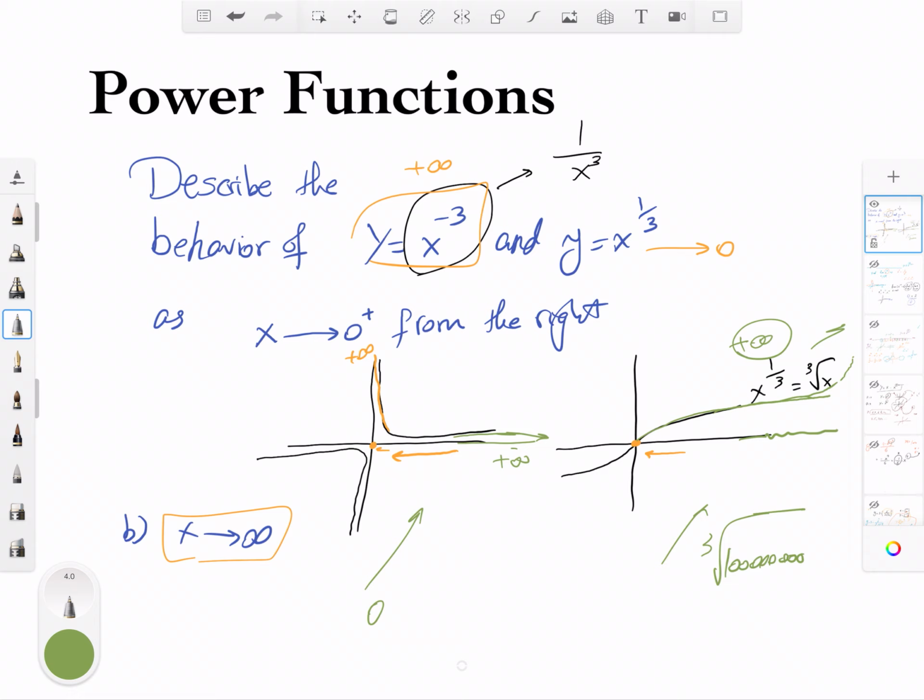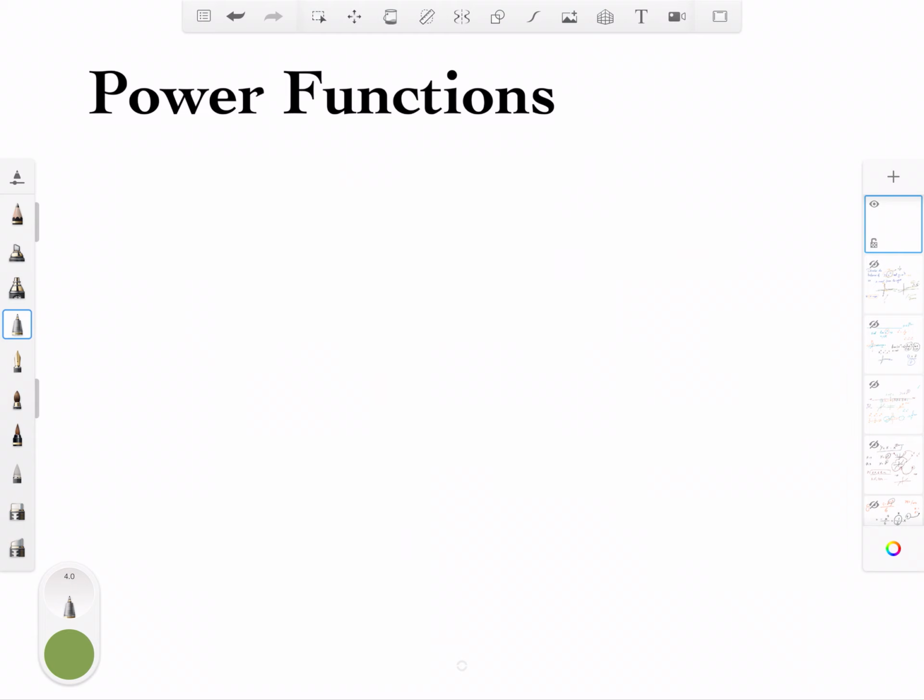Another type of question on chapter 11, section 1, they give us 2 points, like f of 1 equal to 3/2 and f of 2 equal to 3/8. They're asking us to find the possible formula for the power function.